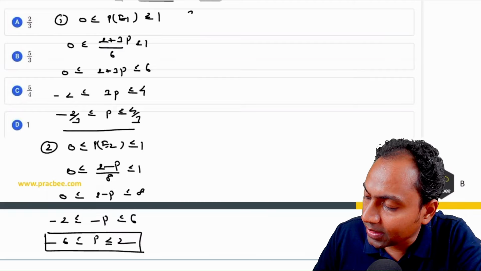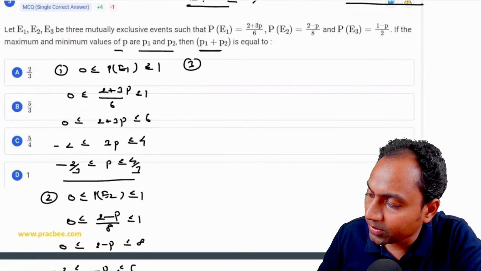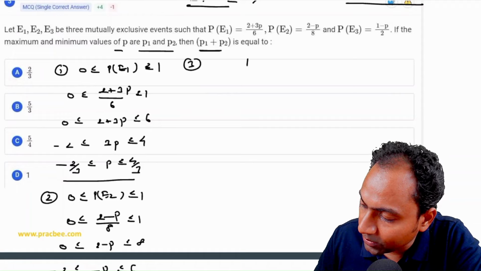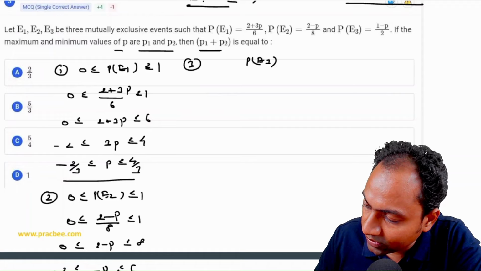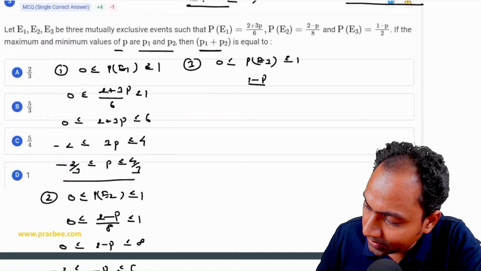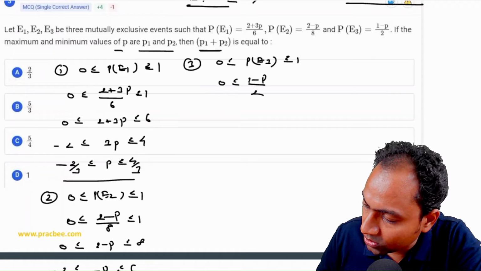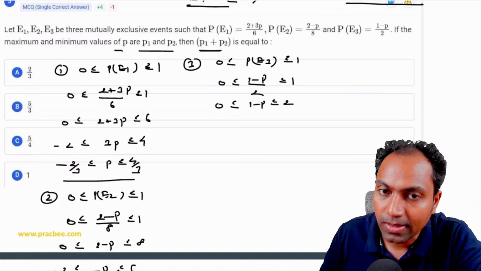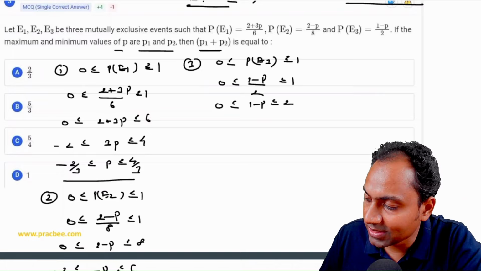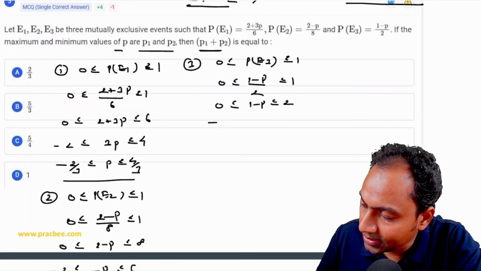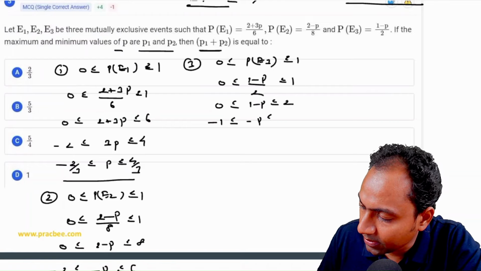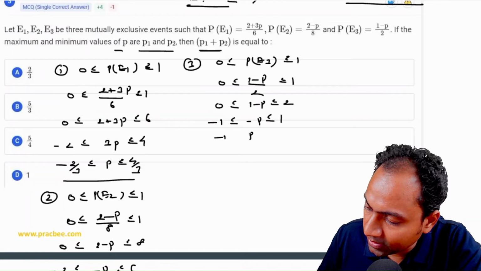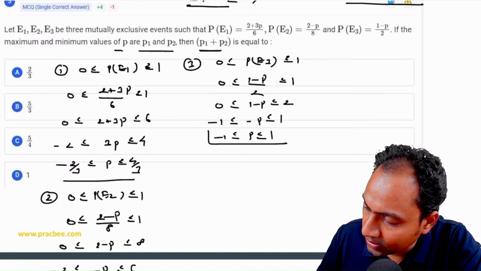In the third part, we can do the same thing for P of E3, the probability of event 3. It also needs to lie between 0 and 1, so 1 minus P by 2 lies between 0 and 1. Then 1 minus P lies between 0 and 2, and as a result, P lies between minus 1 and 1. Three conditions we have written.